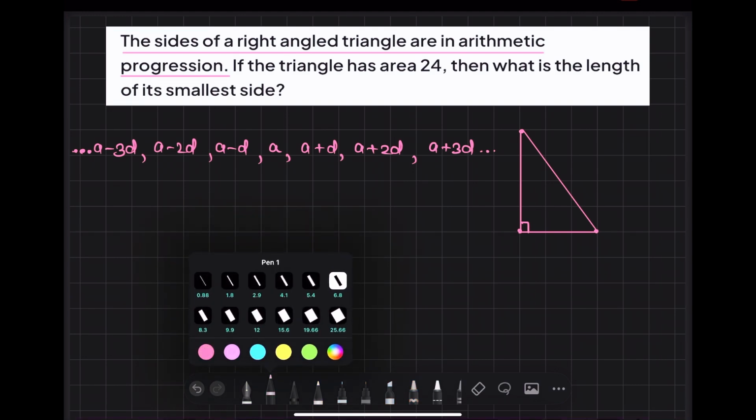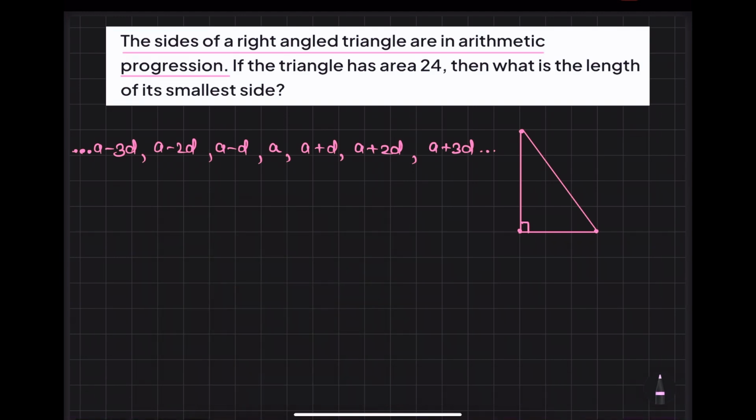Or if you have to imagine an even number of terms, meaning 2 terms, 4 terms, 6 terms, 8 terms, you have to ignore a, and then proceed with a minus d, a plus d. If you observe, the transition is 2d.